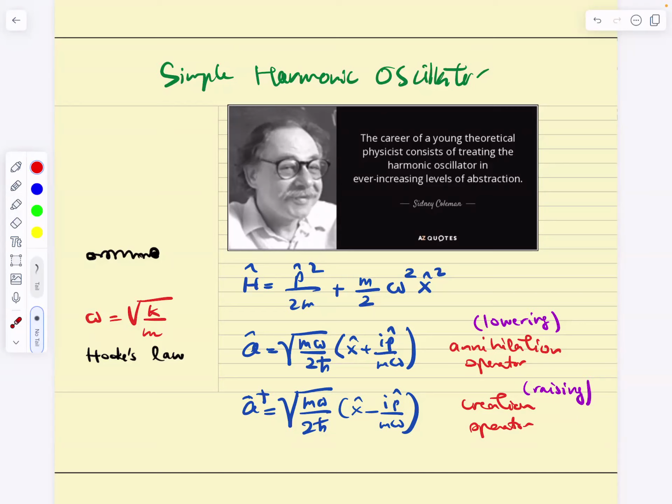Why do we study this example? This quote by Sidney Coleman cannot be more true. The career of a young physicist, not even theoretical, actually drop the young as well, is basically understanding the example we're going to go over in a million different ways.